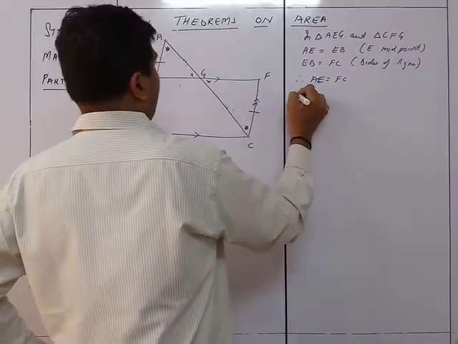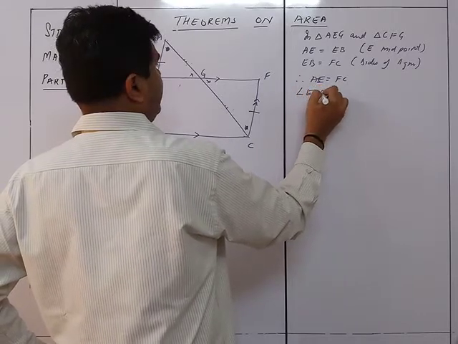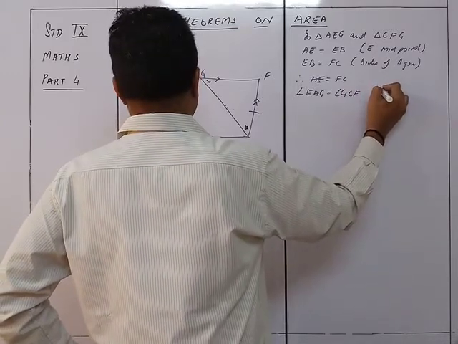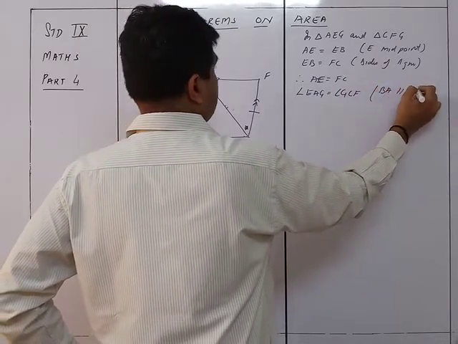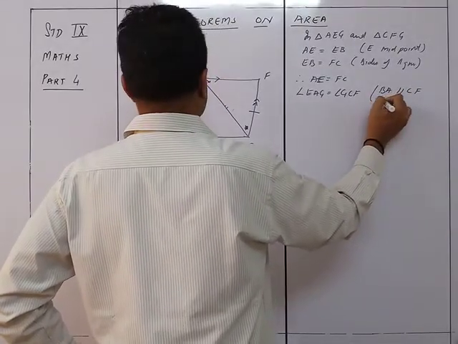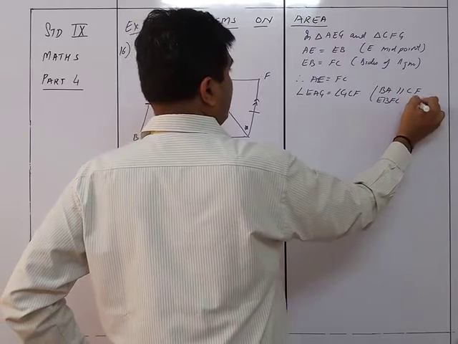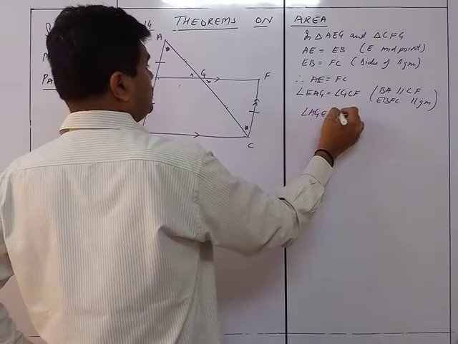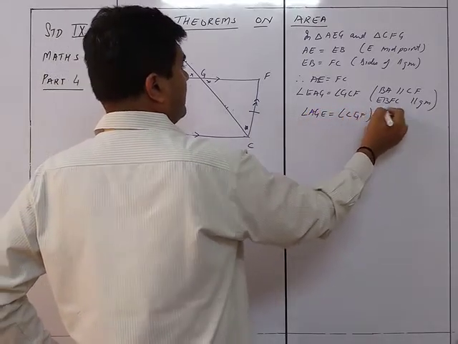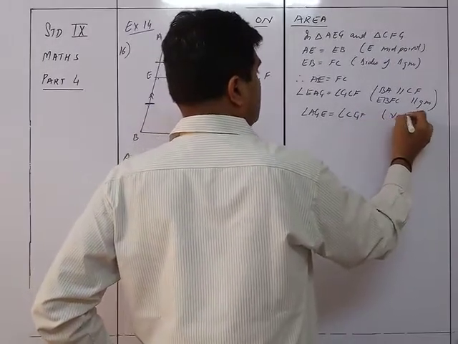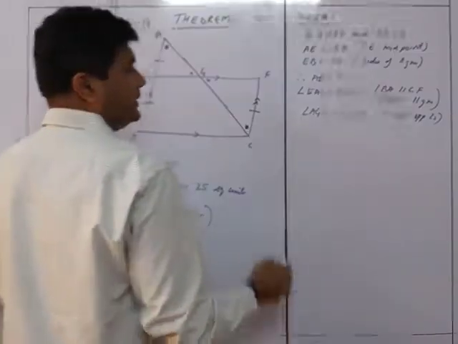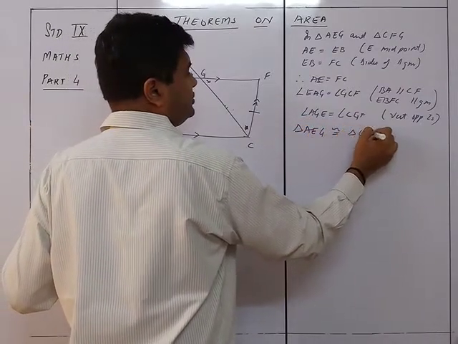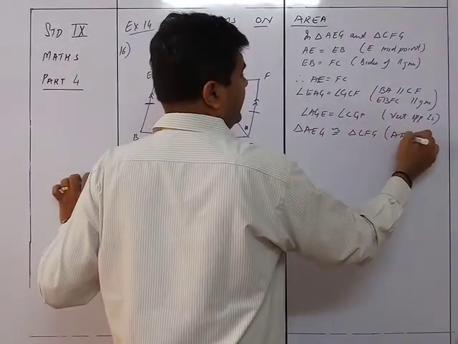Second, angle EAG is equal to angle GCF because BA is parallel to CF, because EBCF is a parallelogram, and angle AGE is equal to angle CGF, vertically opposite angles. This makes triangle AEG congruent to triangle CFG by the AAS test.